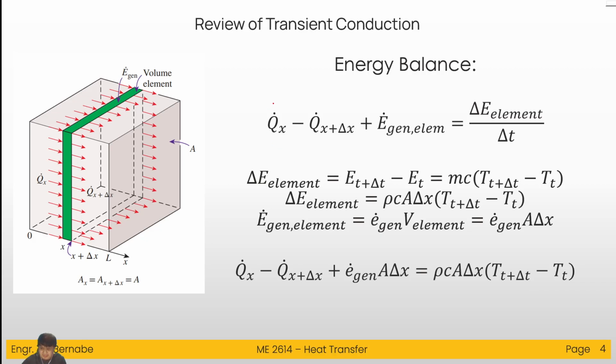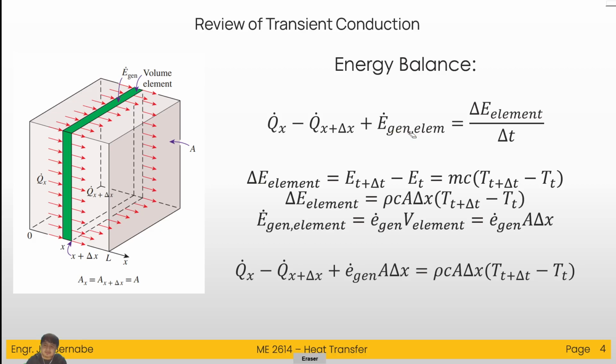So what goes in is Qx, so it is positive. What goes out of the volume element is negative, so you have Q sub x plus delta x. And then you have some heat generation within the element, depending on what type of material it is. If it is electrical, usually it can generate heat on its own.